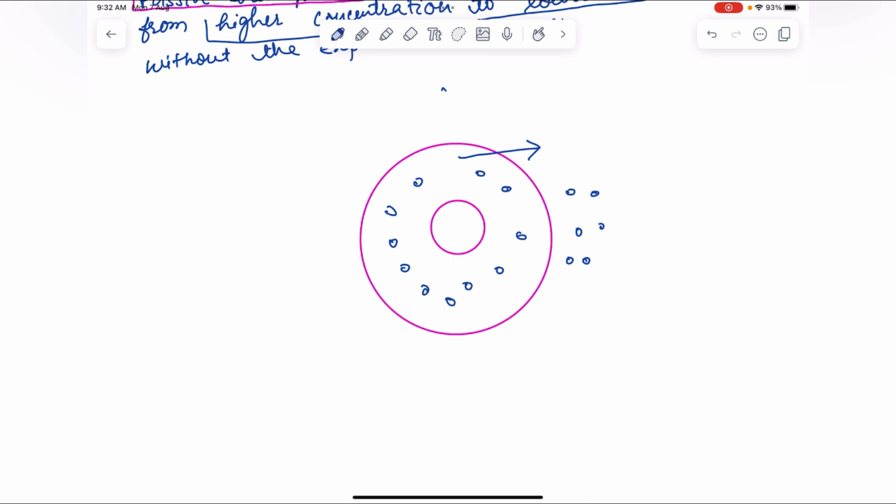If the concentration is less inside and more outside, the movement will again be from higher to lower concentration. Always the movement will be from higher to lower concentration.